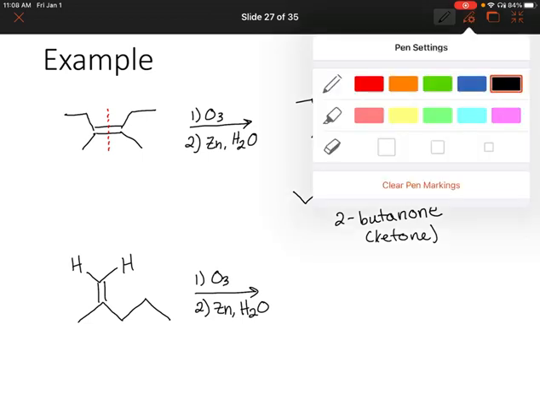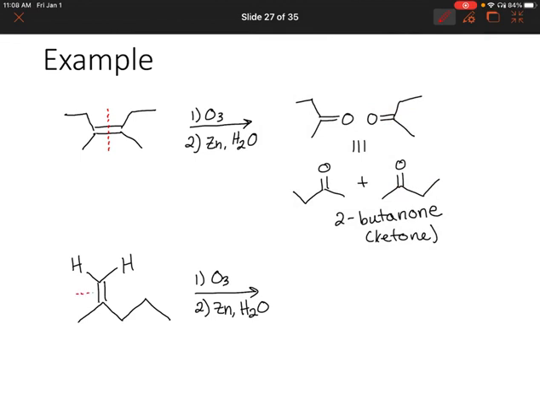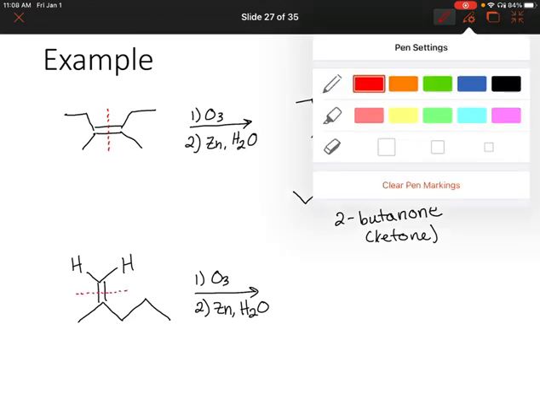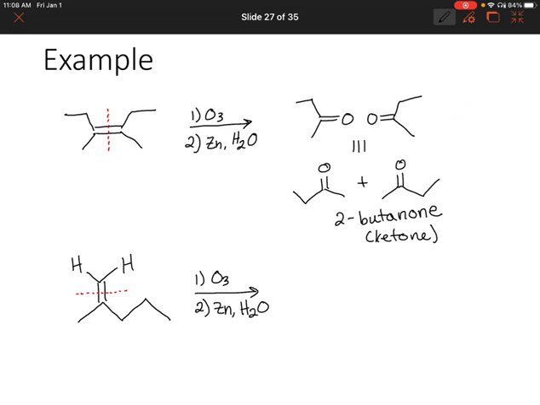Okay, let's see what we've got here. So if we cut this double bond in half and add oxygens, one of our carbonyl groups is just bonded to 2 hydrogens. And the other one will be bonded to a methyl and a propyl group. All right, so these are different, and you'll notice that in our first example, we had a symmetrical alkene.